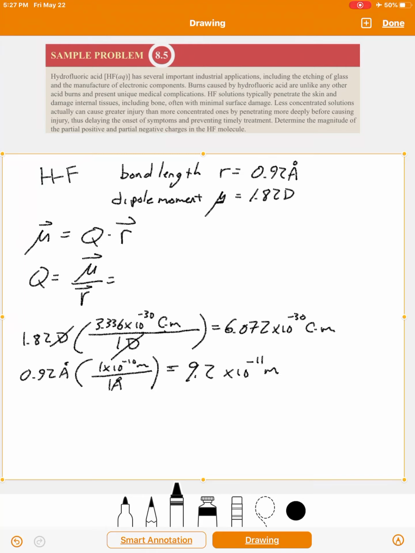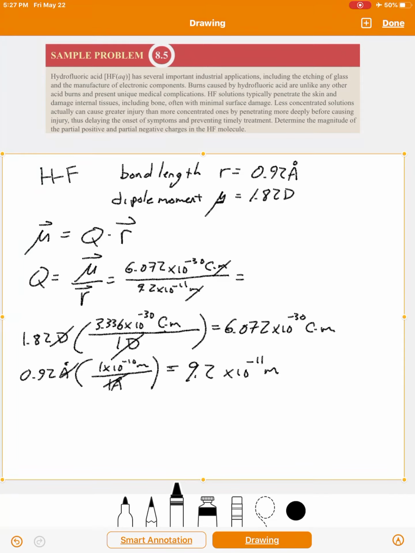So now we have it in meters. Okay? So now we can do the division here. 6.072 times 10 to the minus 30 coulomb meters over 9.2 times 10 to the minus 11 meters. Meters cancel, and that'll give us the charge in coulombs.